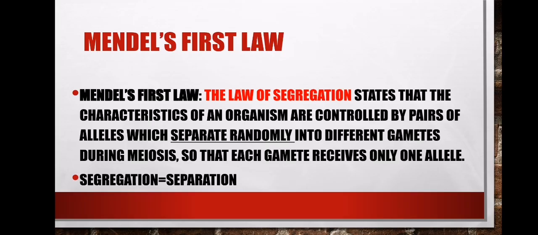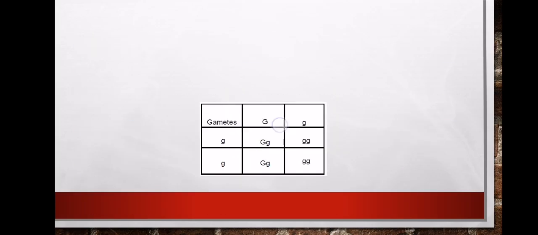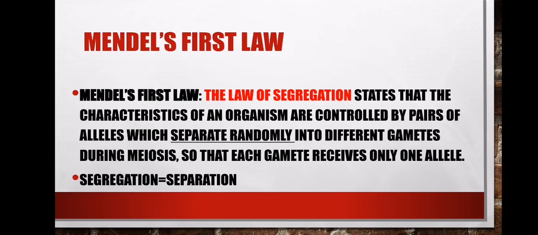It states that the characteristic of an organism is controlled by what? Pairs of alleles. We have looked at pairs, we have looked at alleles. So it is controlled by pairs of alleles which separate randomly into different gametes during meiosis so that each gamete receives only one allele.